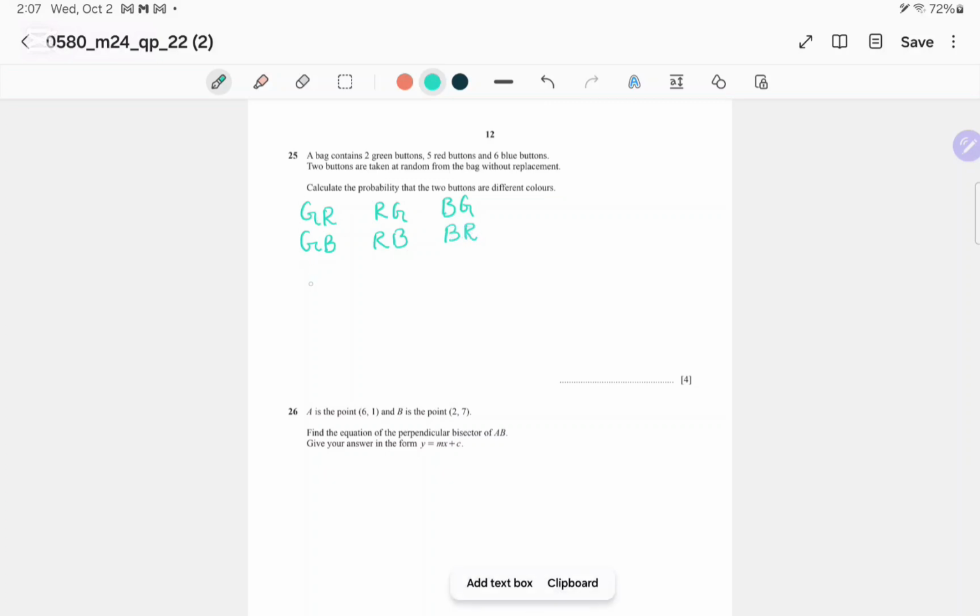Now when you are taking a green button, it is 2 out of total how much? 2 plus 5 plus 6, it is 13. So 2 by 13. And remaining is 12 buttons, of which 5 are red. So for green and red: 2 by 13 into 5 by 12, as 1 is taken out. Plus 2 by 13 into 6 by 12.